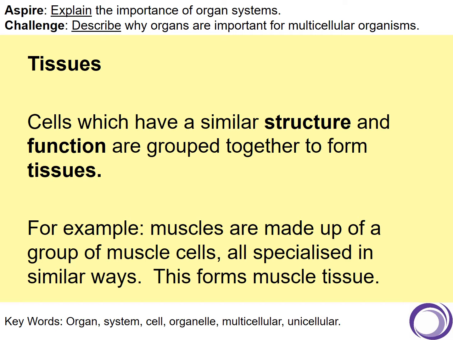Lots of those bricks all work together to form a function to build that wall. An example of a tissue in your body is muscle. I talked about muscle cells last lesson, but when the muscle cells all combine together, they make muscle tissue.